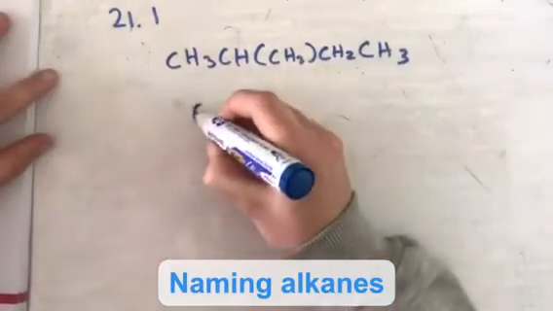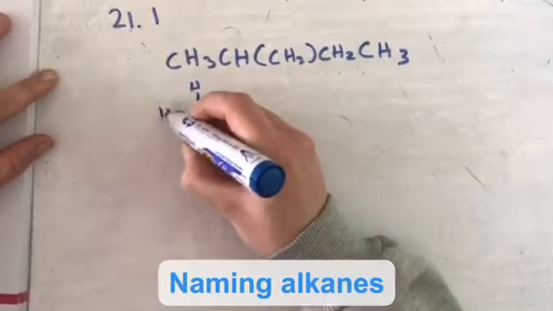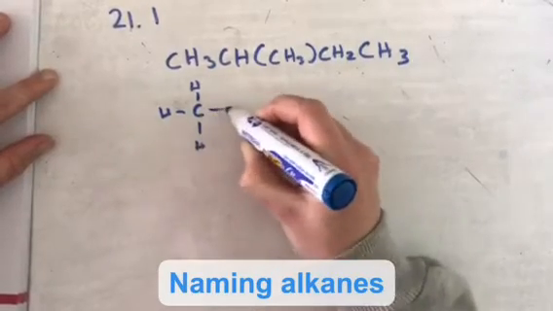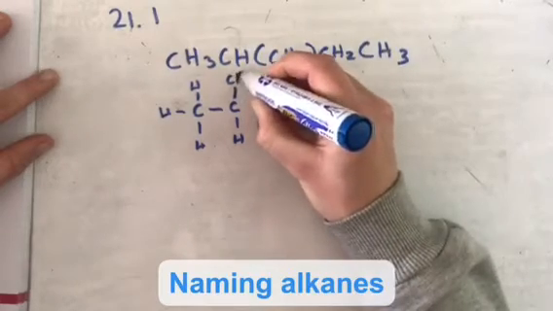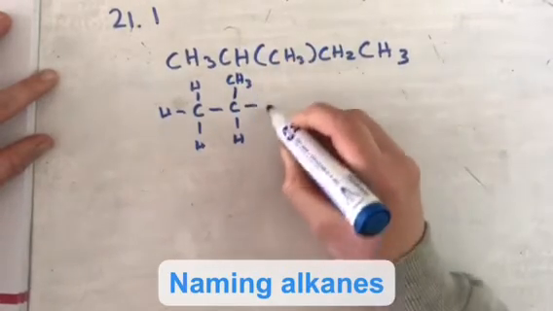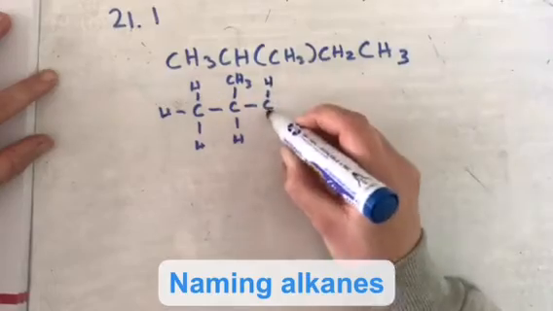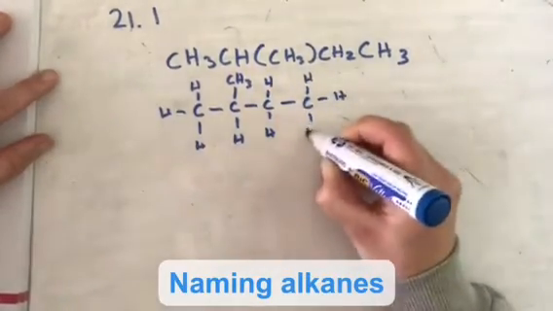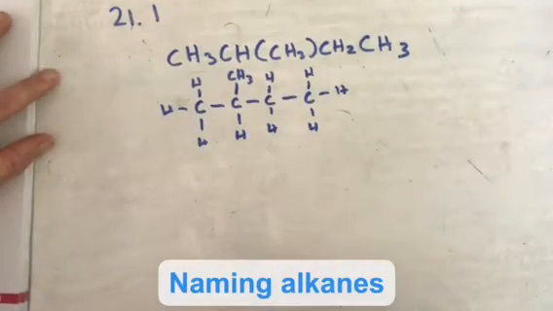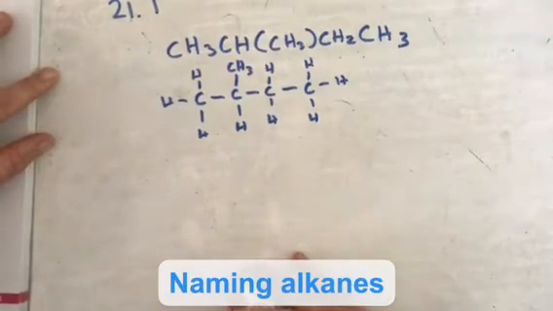Okay, so CH3, so CH, that's the end of my molecule. Then you've got your CH, and see the way there's a bracket here, that means that there's a CH3 as a branch on our chain there, okay? CH2, okay, and CH3.